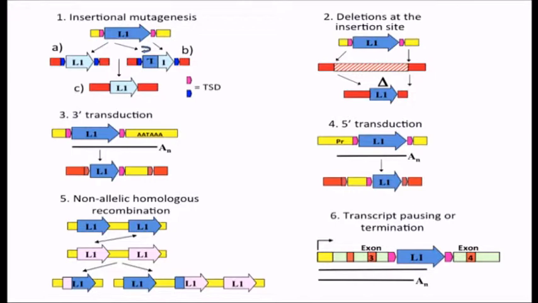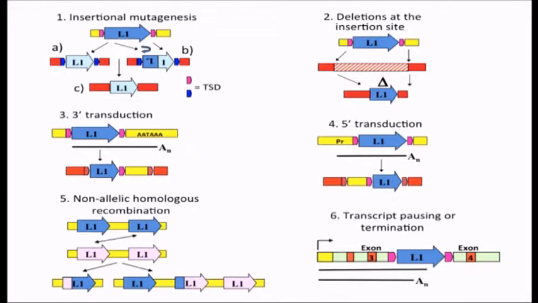Because the poly-A signal at the end of the L1 is really very weak, you can have read-through of transcription to the next poly-A signal, and then you can dump this whole thing, including the 3' flanking sequence, into a new site in the genome. You can have what we call 5' transductions, where you can take a piece in front of the L1 and put it back into the genome in a retrotransposition event.